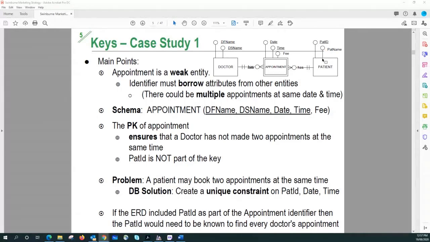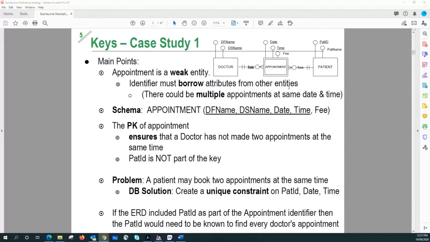So how can you make sure that the patient is not going to book the same date and same time with two doctors, obviously? We can't implement that in an ERD way, because we can't take the patient ID as part of the primary key. The reason is we don't know who the patient is when you make the appointments for the doctors for a given week.